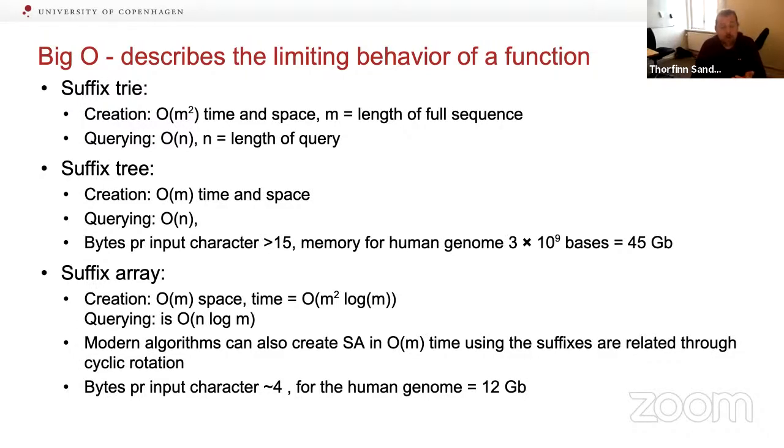You need to have 8 bytes for each pointer. In a binary tree, you of course only have 2 daughter nodes. But you can have any number of child nodes here. Well, the size of the alphabet. So this quickly becomes very, very complicated. Not just to program, but also the memory requirement. There's a lot of overhead in this.